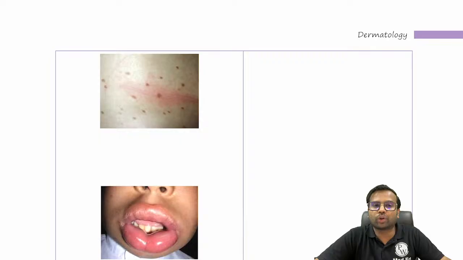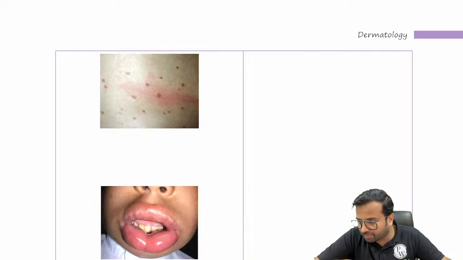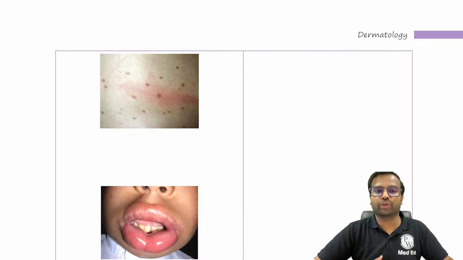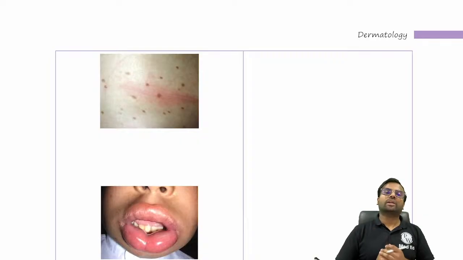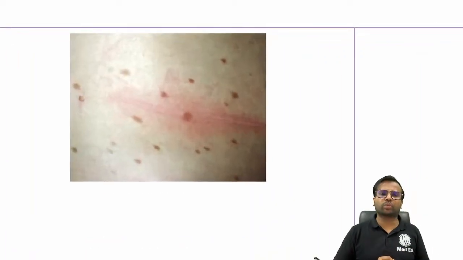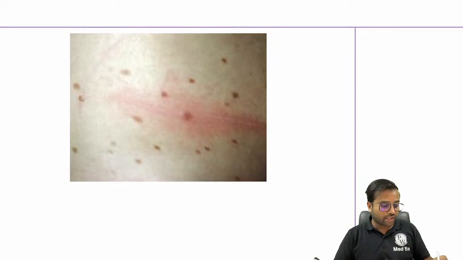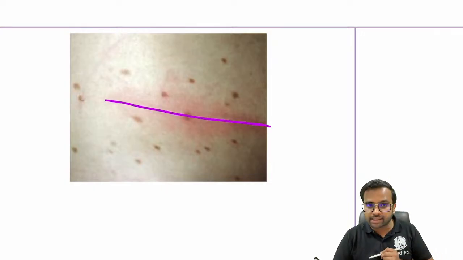So now when we go to this next page, very good, Harsh Mondal is also answering. Rishabh, excellent. All of you, good. Now just see this image. I'll zoom this image for you. What I can predict is somebody has stroked the skin like this.